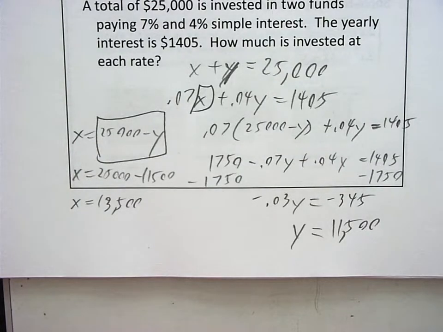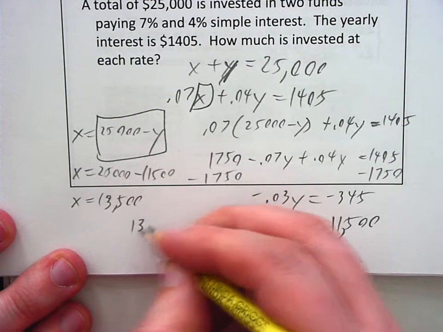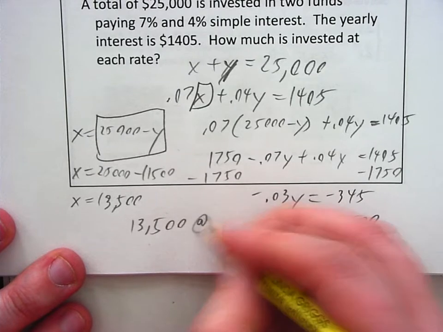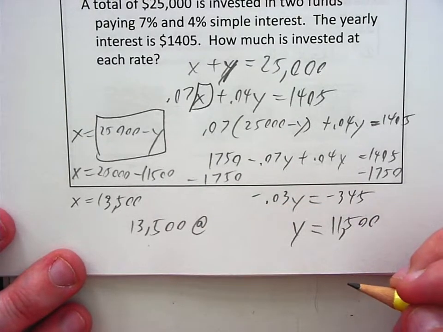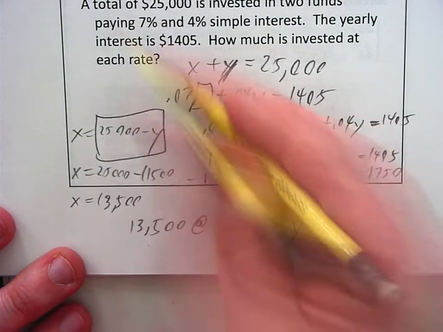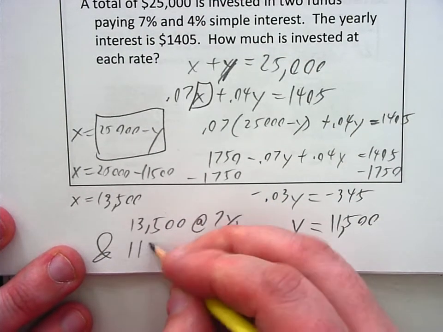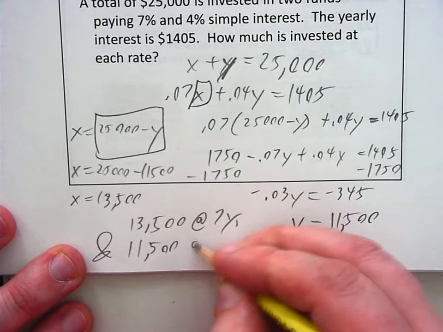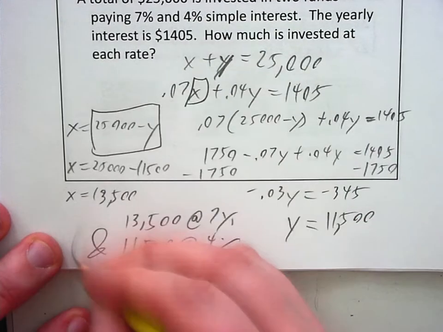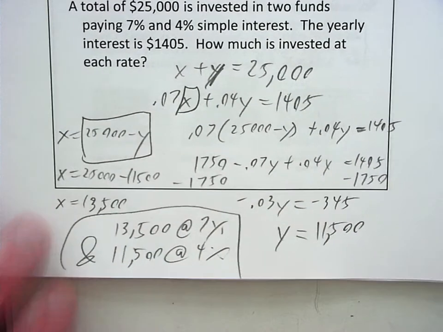What's the difference between the 13,500 and the 11,500? The rates. 13,500 is at what interest rate? It's the x, so it's the 0.07, so it's at the 7%. And the 11,500 is at your 4%. It makes you actually answer the questions on word problems.